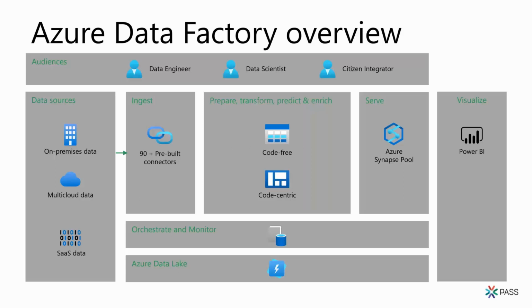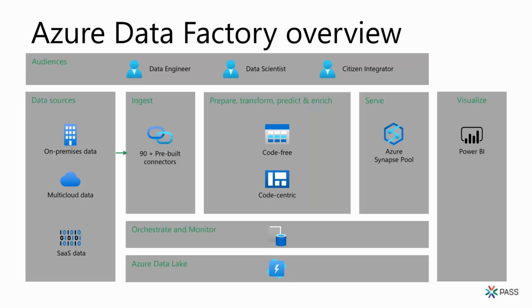I'm also talking about Amazon, Google, and to a certain degree even Oracle Cloud. And we also need the ability to work directly with SaaS data, software as a service, so specifically things like Salesforce, SAP, and other tools that are available in the cloud.